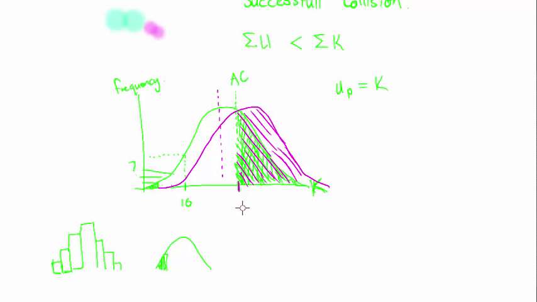So the probability of successful collisions is more, and this is actually probability. What we read off here, frequency, is probability. It's just frequency divided by total. So in other words, your probability is higher.